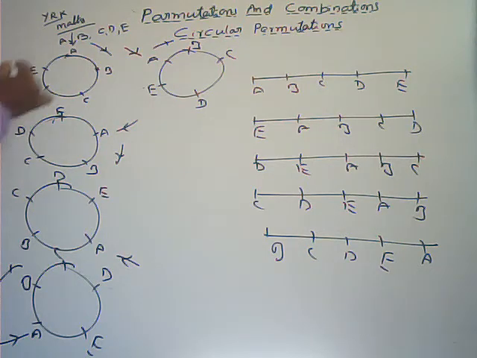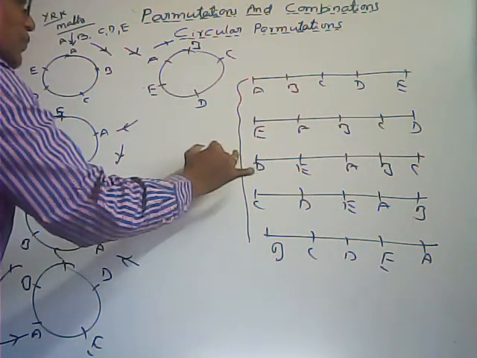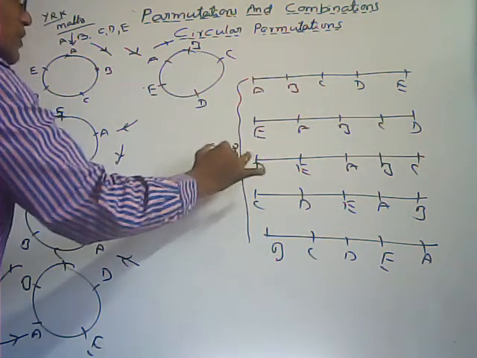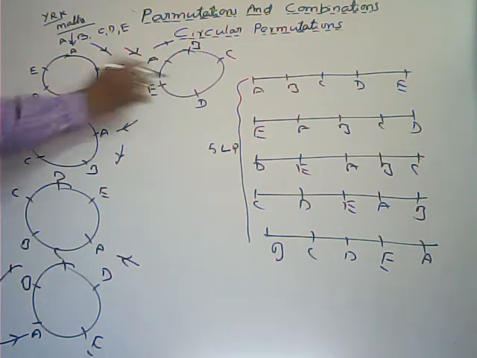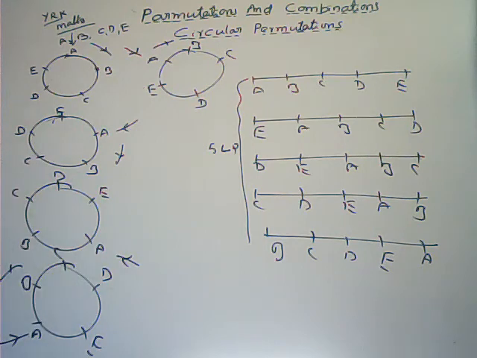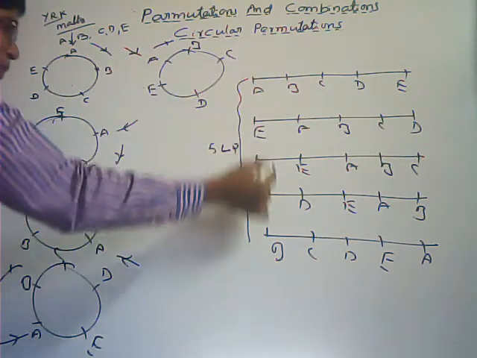Now, the same way I have done here, but all these we say are 5 different linear permutations. But all these 5 represent only one circular permutation. So if the number of objects I am taking is 5, each circular permutation gives how many linear permutations?